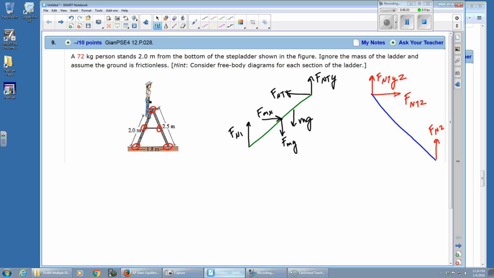But we can't have any horizontal at the bottom. We have a hinge in the middle. A hinge in the middle should just be horizontal.